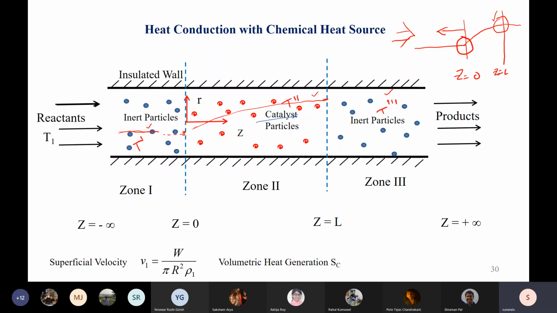But in this case, I have convection and diffusion taking place simultaneously. Plus, there is a region in which I have heat generation as well. The question that I would like to ask you is, can you stop diffusion? When you talk about stopping the flow or reducing the velocity of the flow or bringing it to 0, you can stop convection. But can you stop diffusive heat transfer or conductive heat transfer?